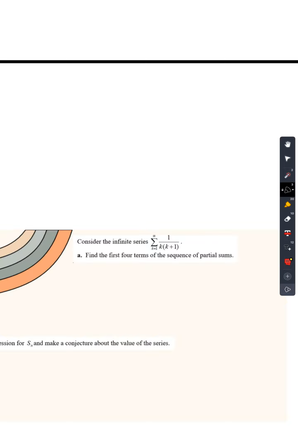Okay, so I'm still going to plug in 1 first, but I'm going to use an s instead of an a this time. So notice that if I plug in 1, I get 1 divided by 1 times 1 plus 1, which is going to give us 1/2. Now, this is the part where I said that we're going to be careful, because I am plugging in 2 next, but this is a partial sum, which means that I have to start by taking my first sum that I found, which was 1/2, and adding that to whatever I get when I plug in 2.